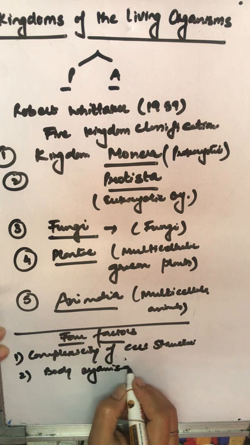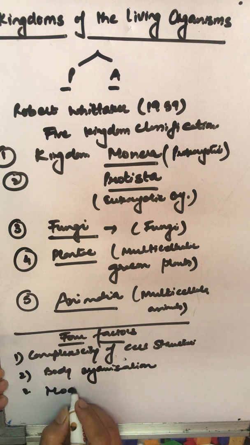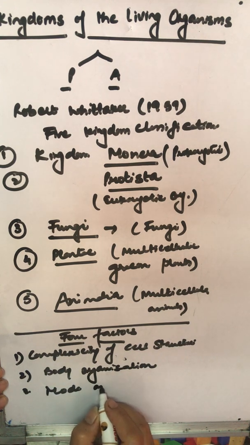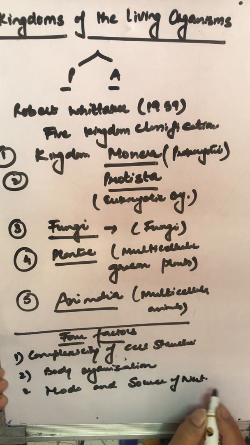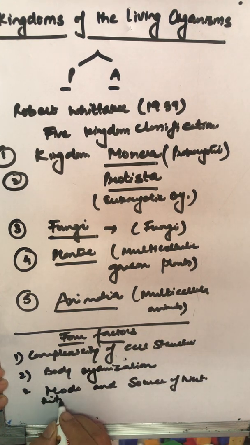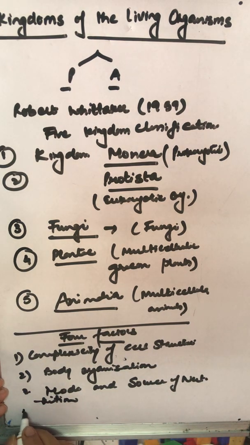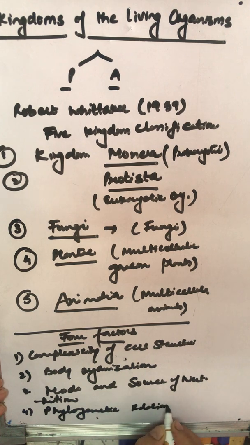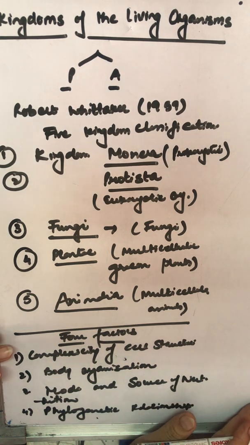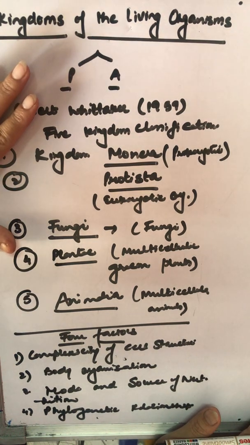Number 3, mode and source of nutrition. And the fourth one is phylogenetic relationship. So this is Whittaker's basis of classification to five kingdoms.